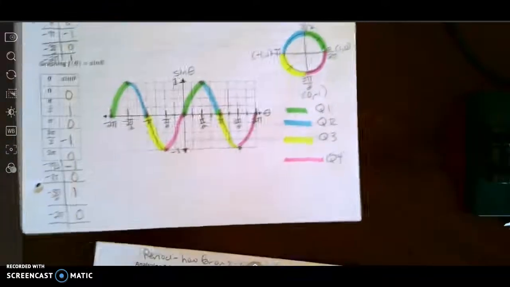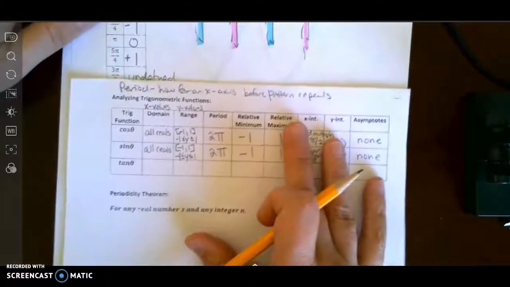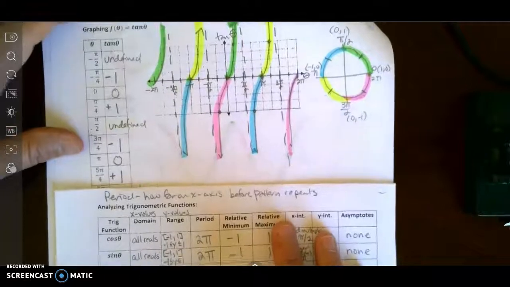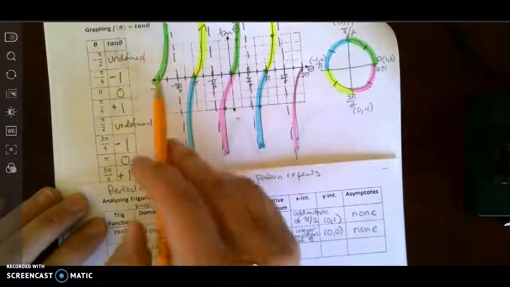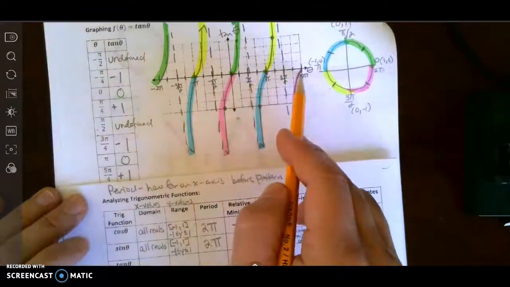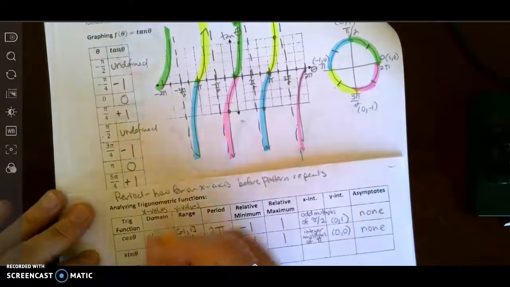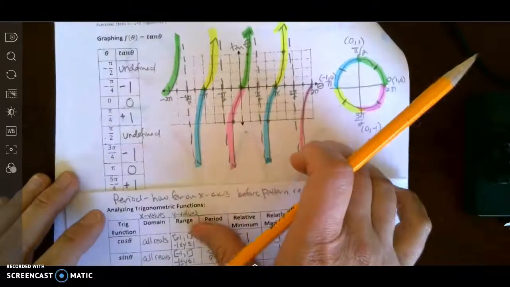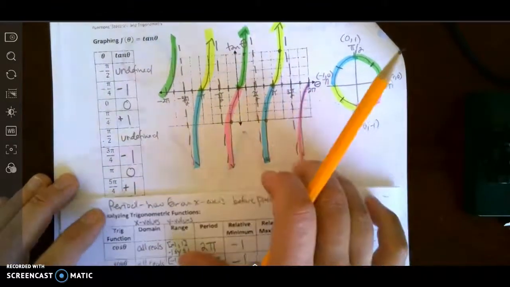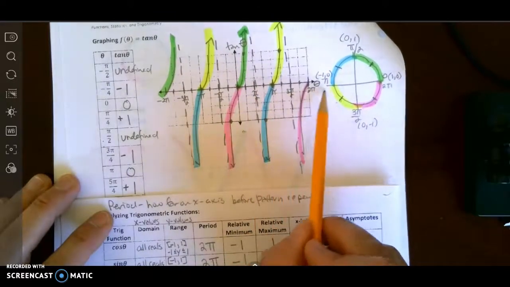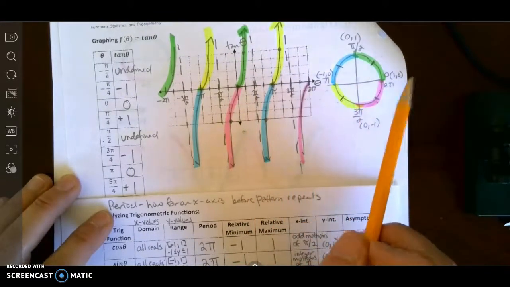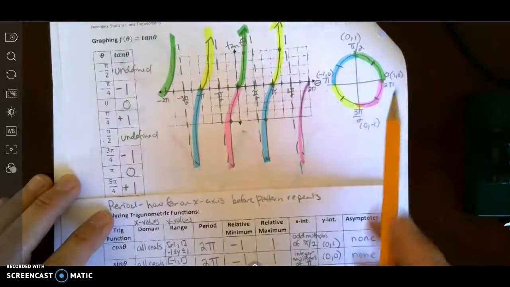Now let's look at our tangent graph and do the same thing. So for my tangent graph, my domain, well, I can't say all real numbers because I have all these asymptotes here. And so x has asymptotes at all my odd multiples of pi over 2. Notice 1 pi over 2, 3 pi over 2. The next one would be 5 pi over 2, then 7 pi over 2, then 9 pi over 2.